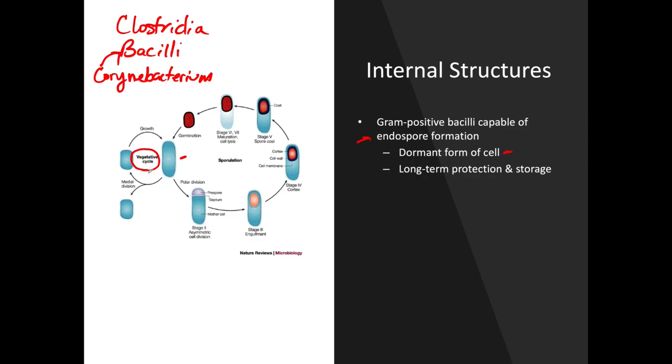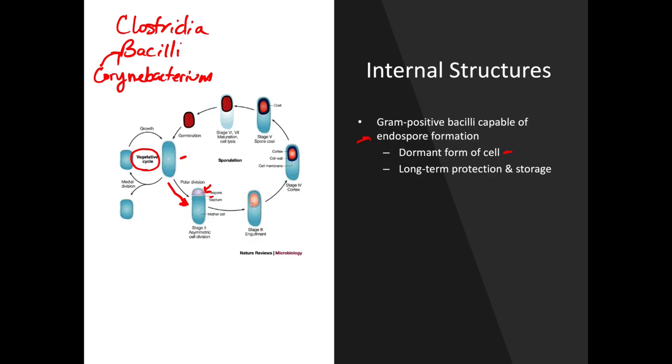But then times get tough, and there's not enough water, there's not enough nutrients, it's a hostile environment. So the cell makes copies of all of its genetic material, a couple of new ribosomes, takes everything and starts walling it off in one region of the cell, starts building this little septum structure out of cell wall and starts surrounding that copy of everything in peptidoglycan, almost as if it's going to create a new cell.